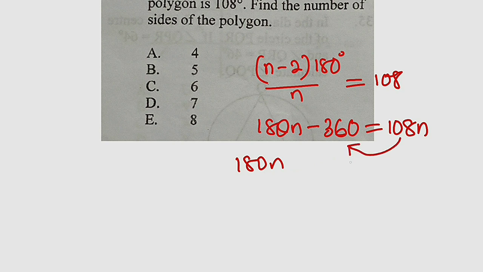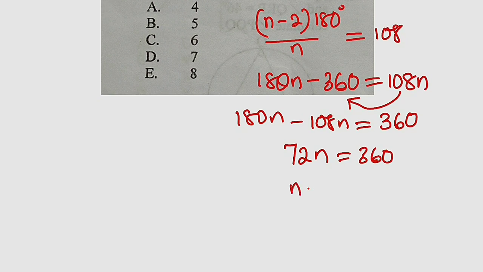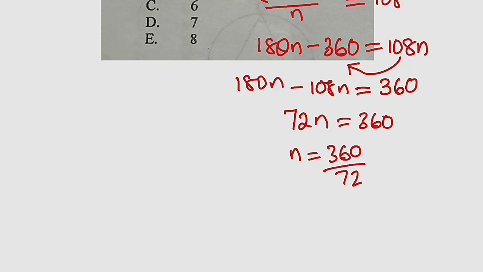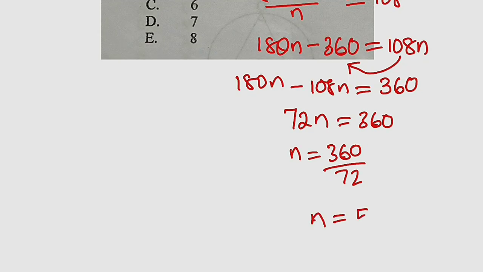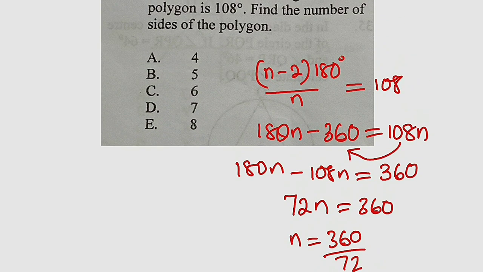If this crosses over, it becomes negative 108n. If you take 360 to the other side, it becomes positive 360. If you subtract, you're going to have 72n equal to 360. Divide both sides by 72, n is equal to 360 divided by 72, and n is equal to 5. Therefore, that regular polygon has 5 sides, which is option B.